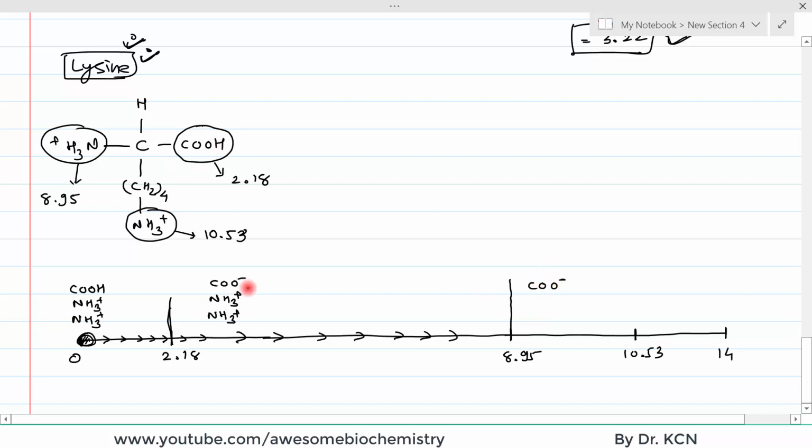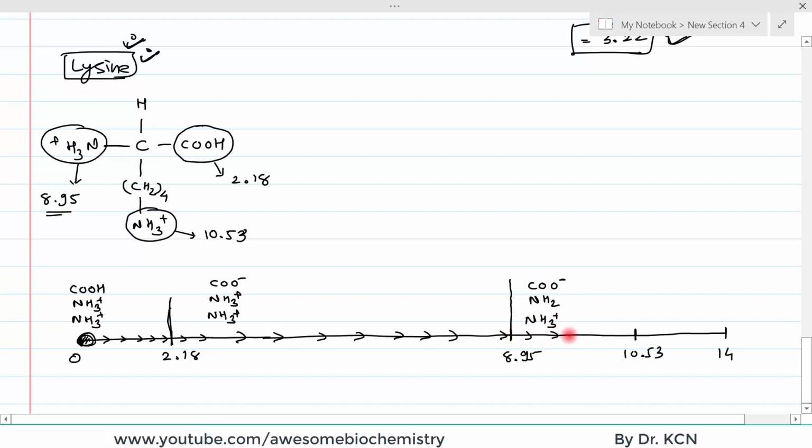So, COO minus. Now, 8.95 is the pK of this alpha amino group, right? So, now this amino group will undergo deprotonation. So, now it will be in the NH2 form. What about this NH3 plus? It will still be in the protonated form. So, it will be NH3 plus. Okay. So, this type of ionization will be seen at this point.